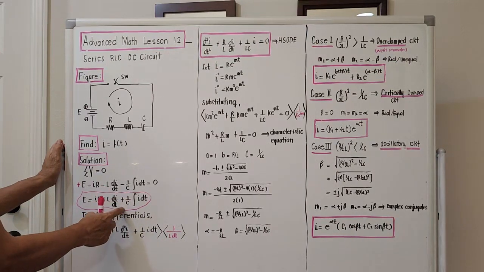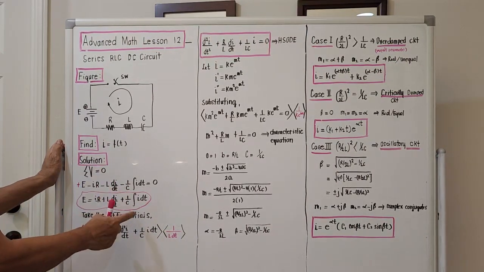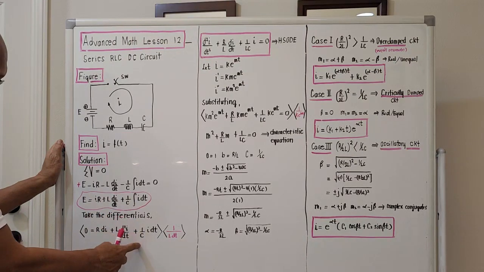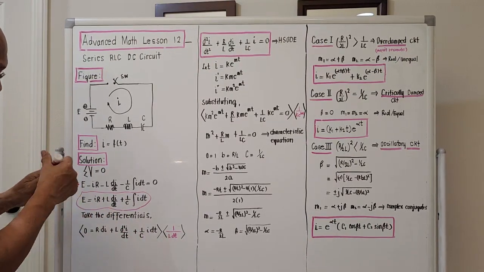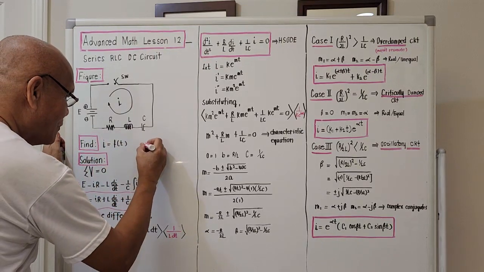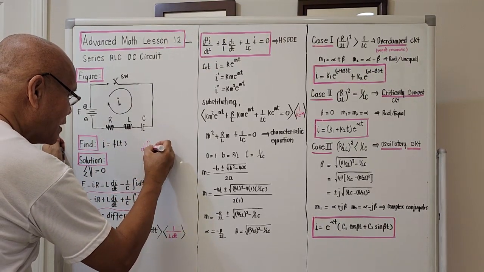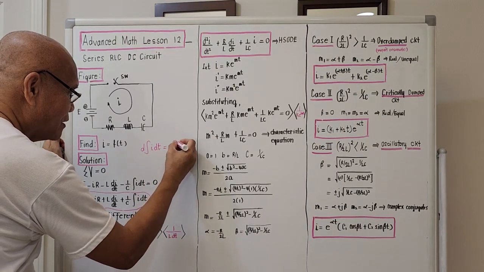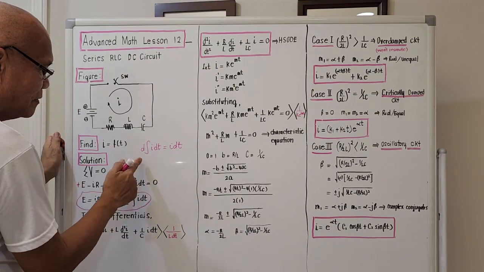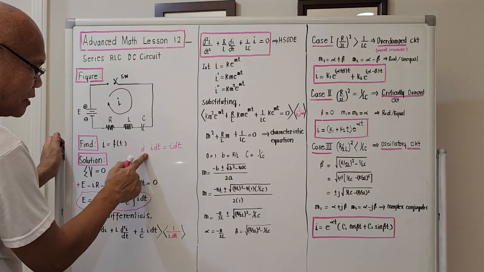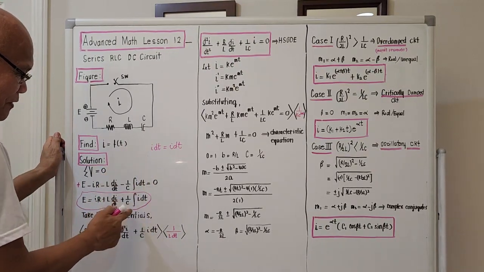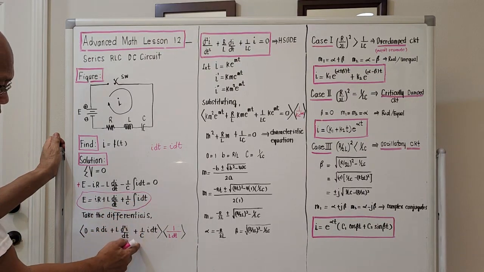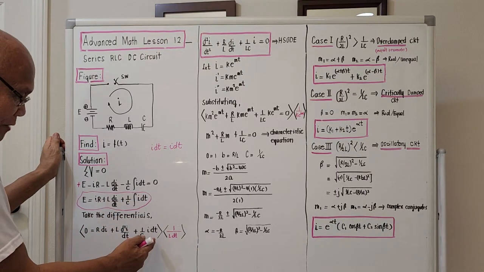Plus 1 over C. The differential of the integral of I dt will simply be 1 over C times I dt, because the differential of the integral of I dt is just I dt. Differential and integral cancel out, so the simplification will be 1 over C times I dt.